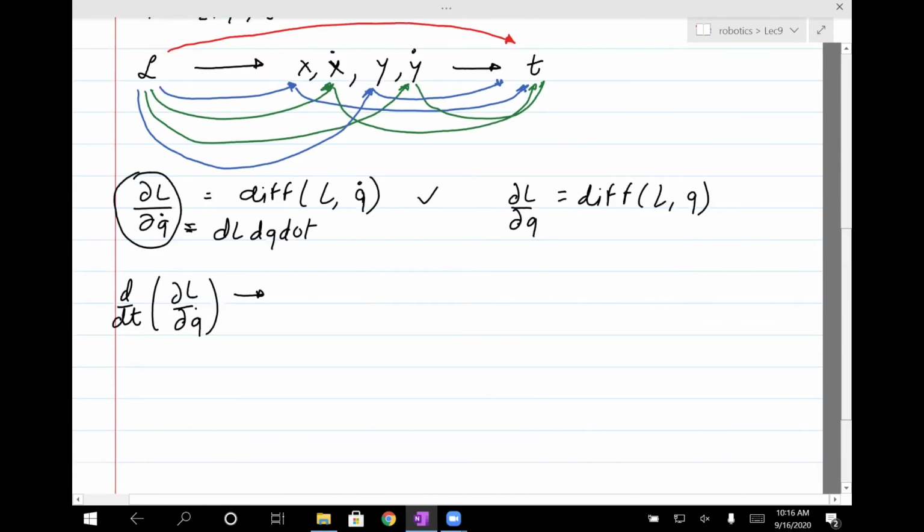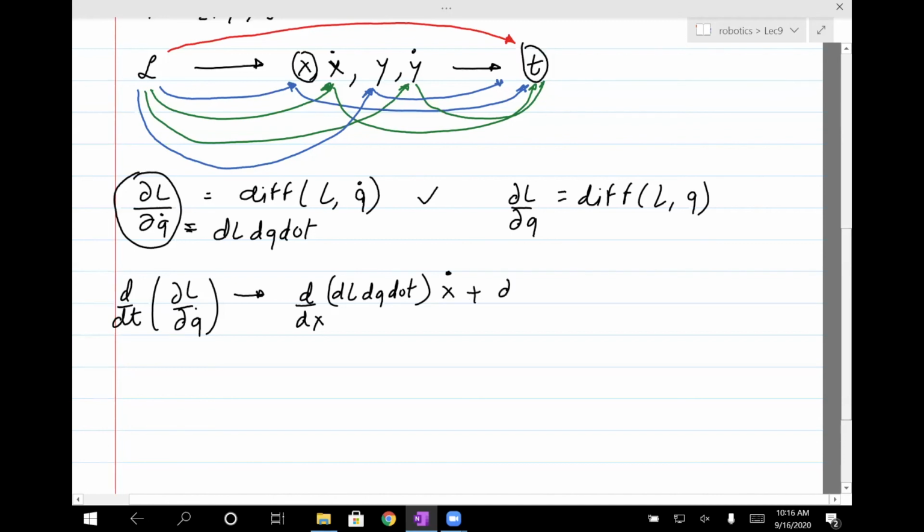So when I want to find this term, d dt of dL dq dot, what I would do is write it as d dx of dL dq dot times x dot. So I'm using the first one now.